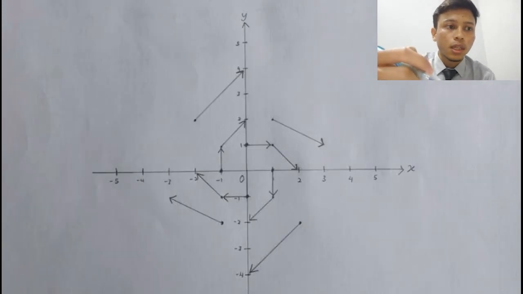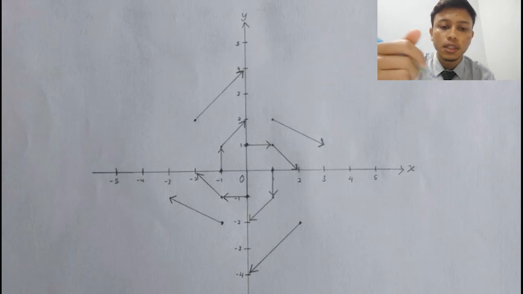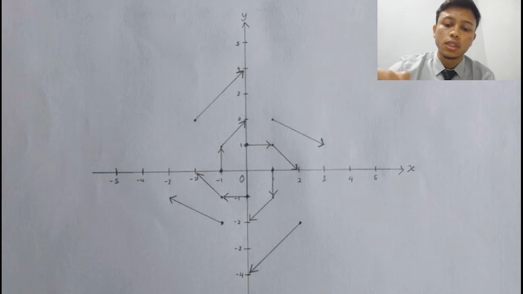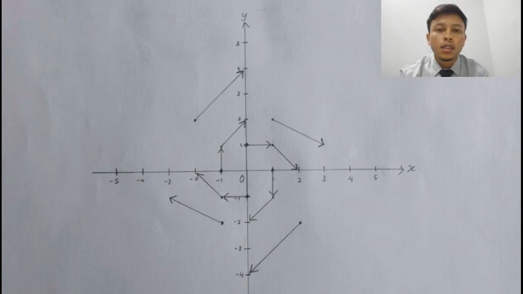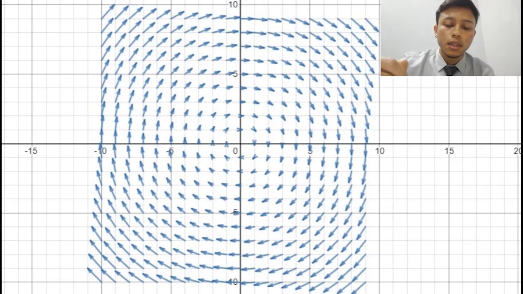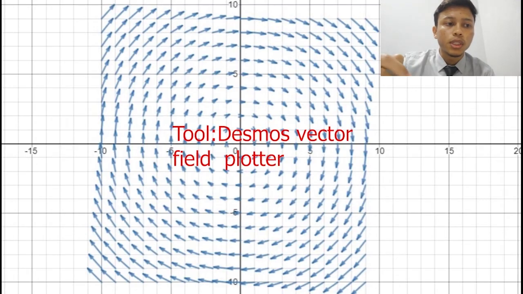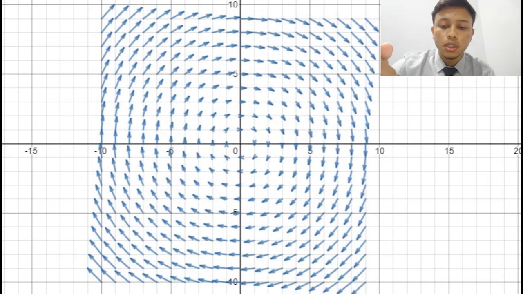Next, we sketch the vector fields on the xy plane as can be seen in the picture. The vectors that we got from this equation rotate in the clockwise direction. We also use the Desmos vector field plotter to get significantly more points plotted.